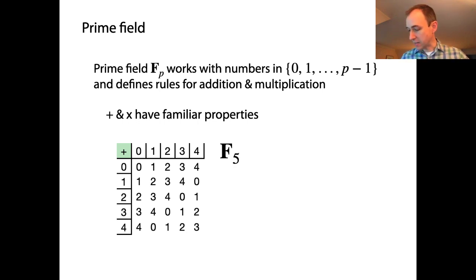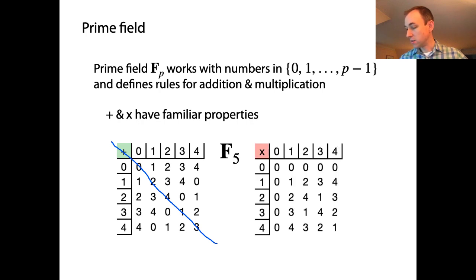That's reflected in this table because I could draw a diagonal line like this and you can see that it's symmetric, right? 3, 3, 4, 4, 0, 0. So the fact that this matrix is symmetric is telling us that addition is commutative in the prime field. Now that's just one table. Let's also bring in the multiplication table. So now I've got my addition table, my multiplication table.